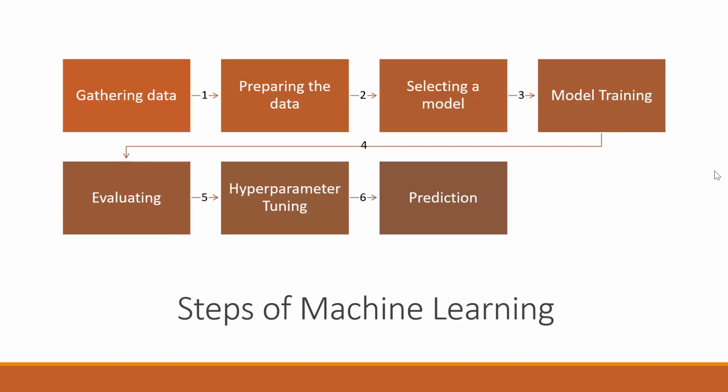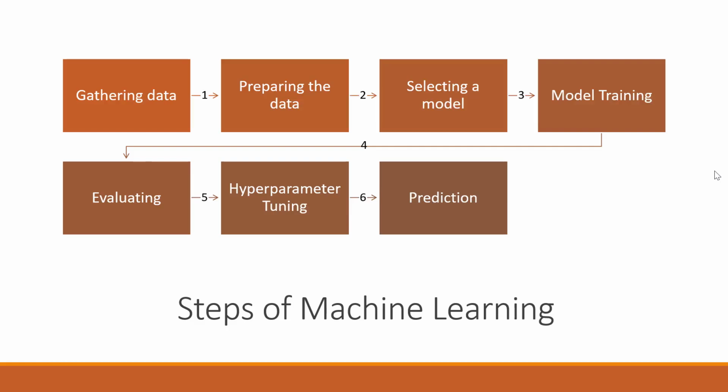So the whole process starts by gathering data. Once the data has been gathered, we will prepare the data, then we will select a model based upon our requirement, then we will train the model, and after training the model we will evaluate the model. After this we will use parameter tuning, and in the last we will make predictions.